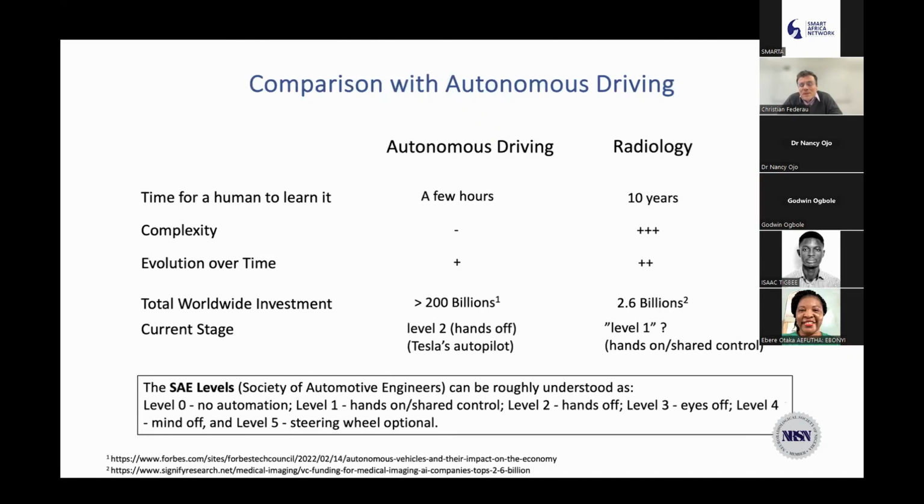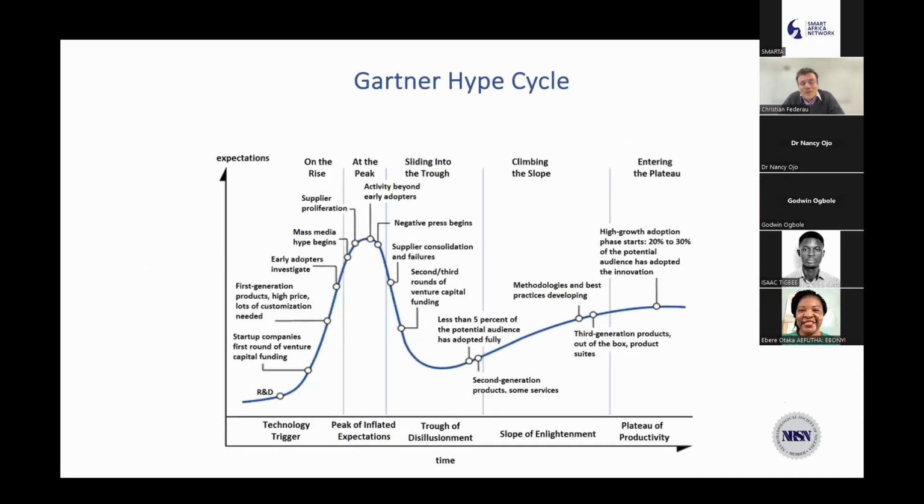So there's very good reason to believe that it's not going to be that easy to have a fully automated system, that machine learning is going to replace us within the foreseeable future. Maybe you know this Gartner hype cycle. It really shows the reality of invention, the comparison of technology and expectation over time.